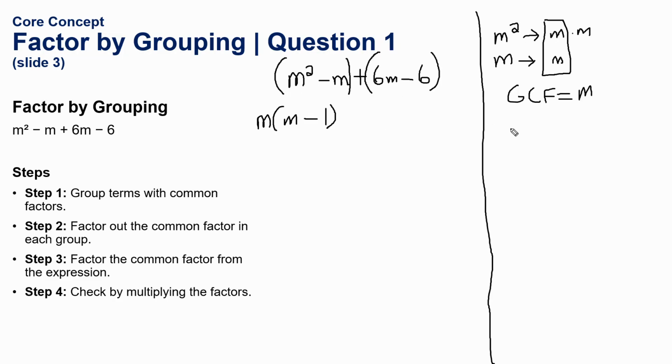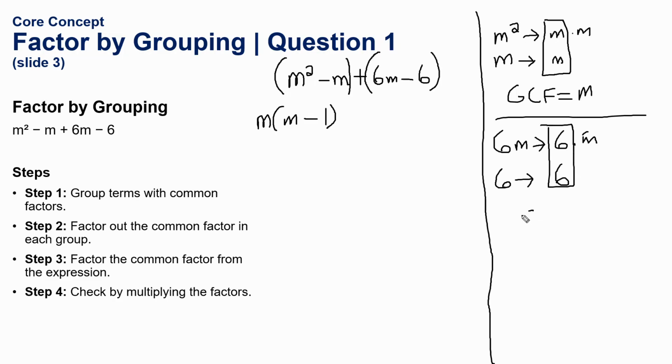So the second set we have is 6m minus 6. So again, if I look at the second set, we have 6 times m, and then the 6 is just the number 6. So the common factor here, if I was to do GCF, is the number 6.